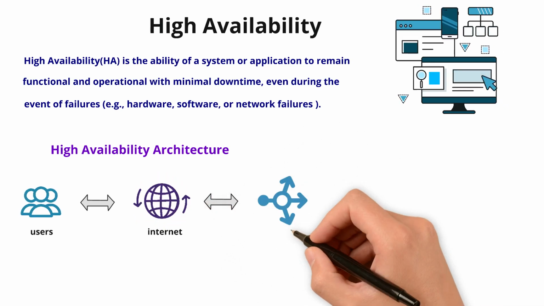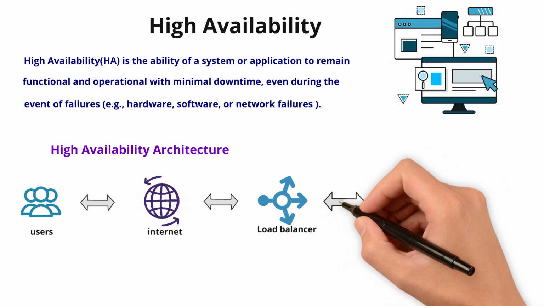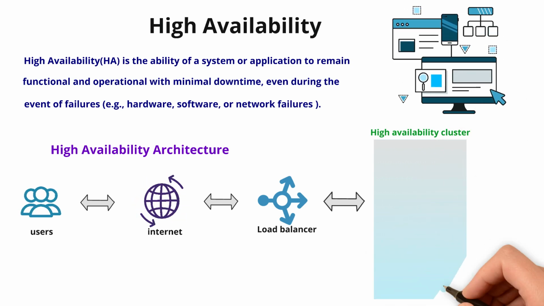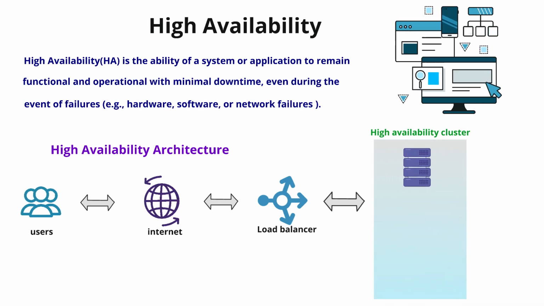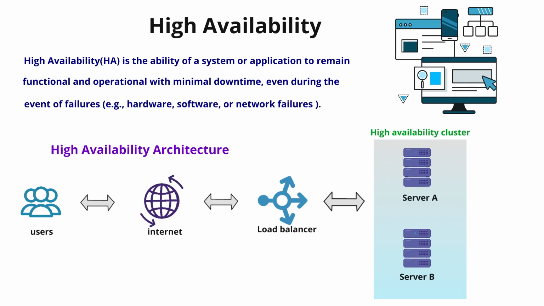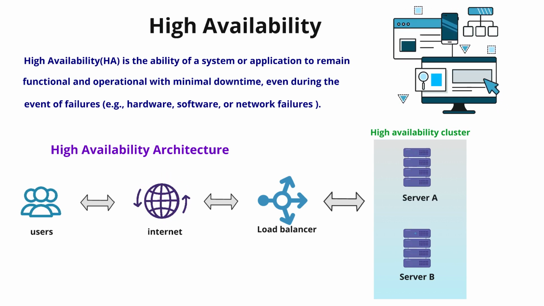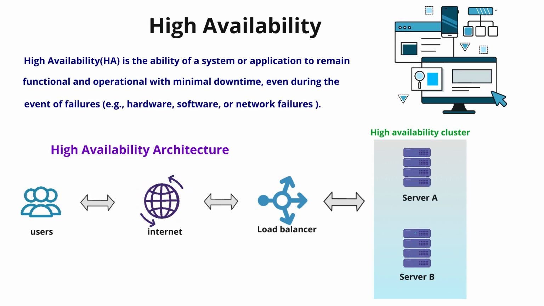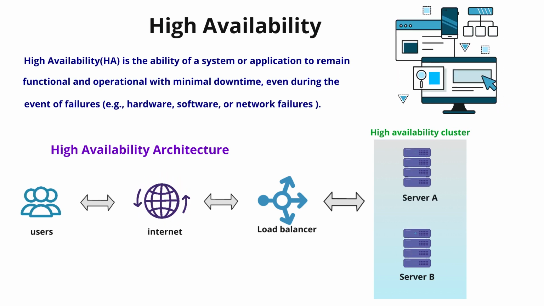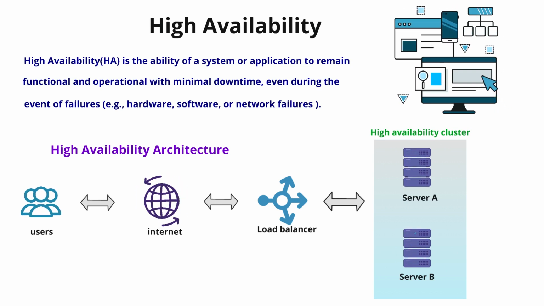Now the load balancer, which is intelligent, will forward the requests to the servers that are available in the cluster in equal proportion. So you can see there is a server A and server B. Server A will receive 50% of the requests and server B will receive the other 50% of the requests, and these servers will serve the requests.